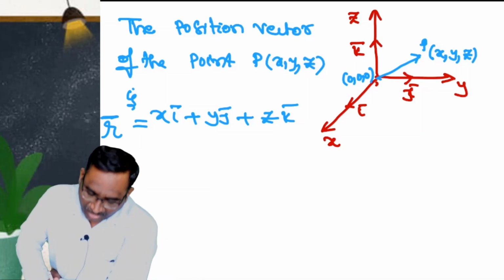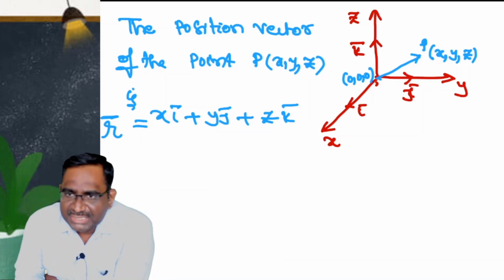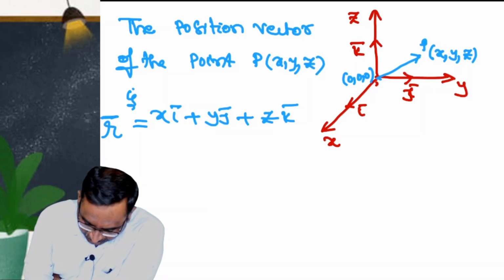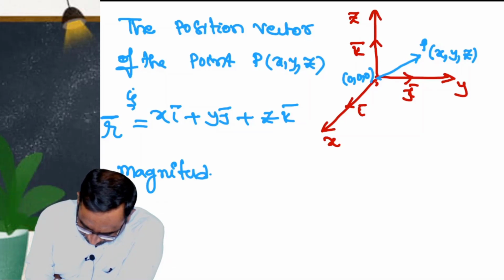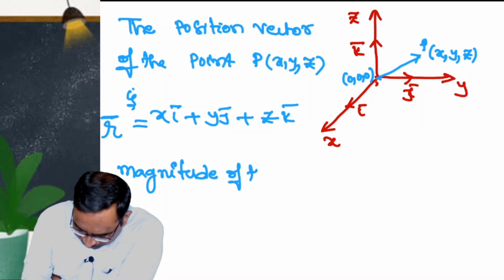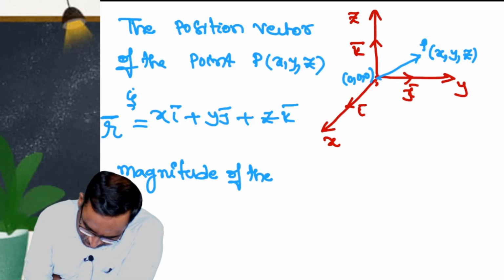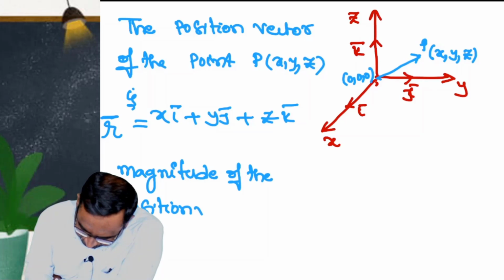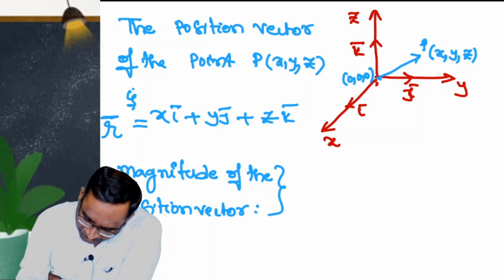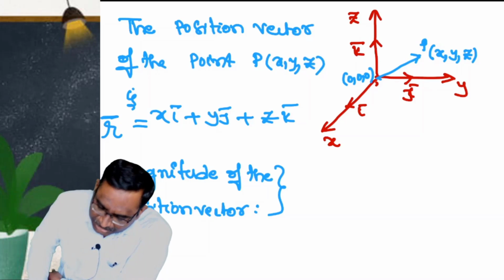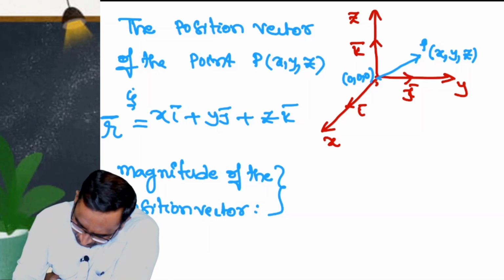Now, what is the magnitude of the position vector? The magnitude means the distance from the origin to this point.